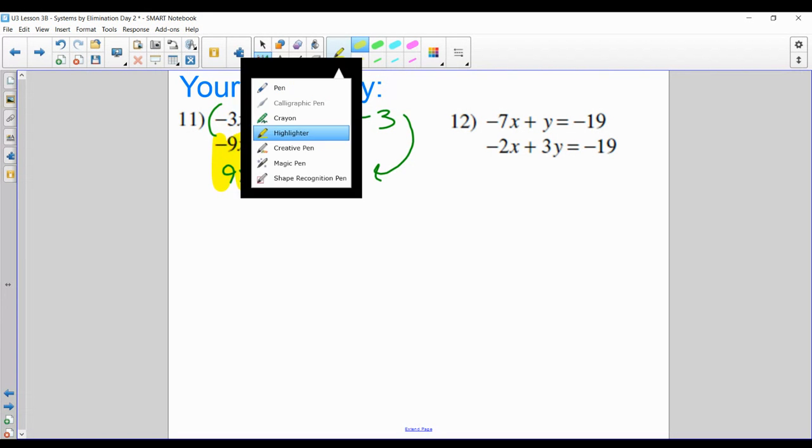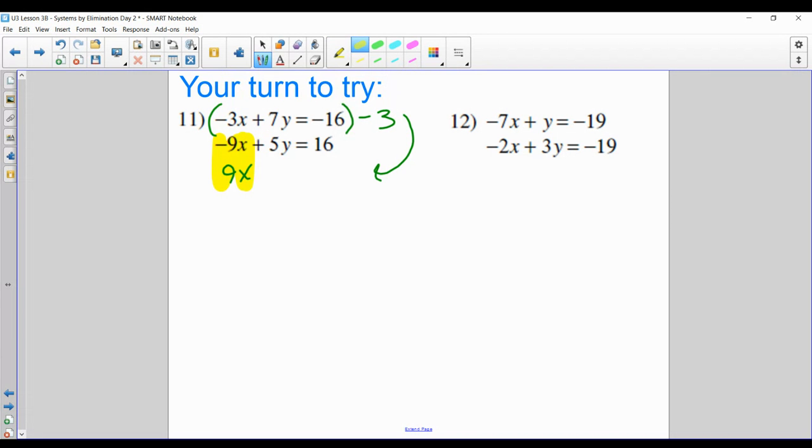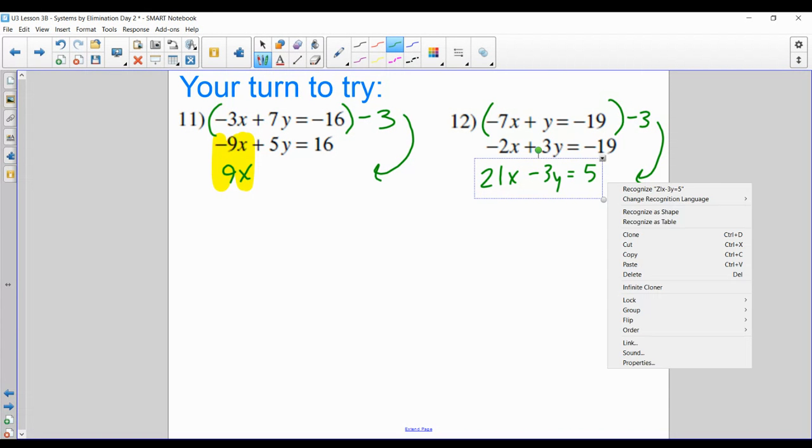In this other one, we're going to have to match the x's, which wouldn't be that easy because 2 doesn't go into 7. But I could multiply the top one by negative 3, so that I would have 21x minus 3y equals 57.